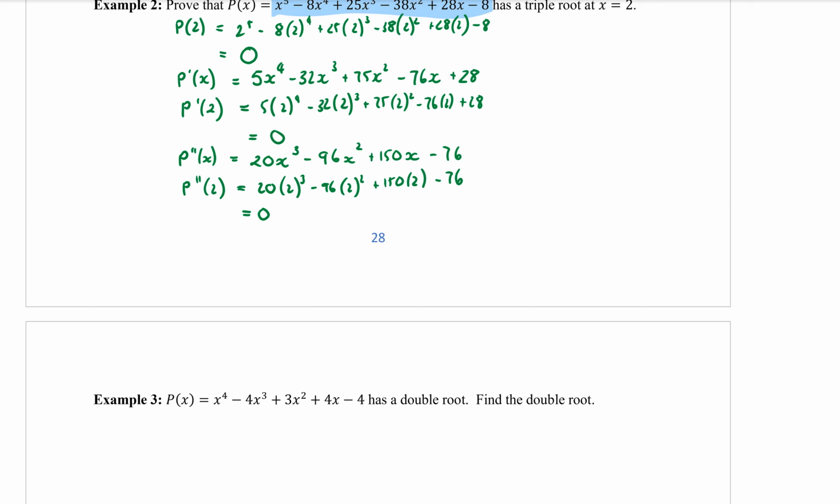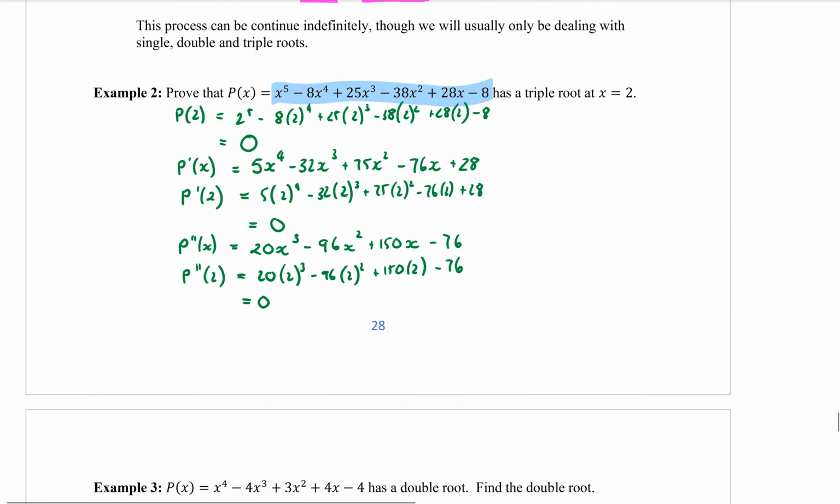So this means here that's a degree 1, so that's 1 multiplicity. This means a degree 2 for the second one. This is now a degree 3. So I have proven that there is a triple root there already. So I can stop there. I can go therefore triple at x equals 2.